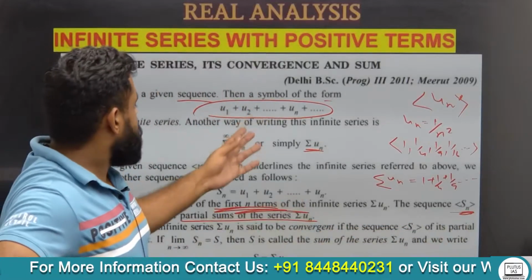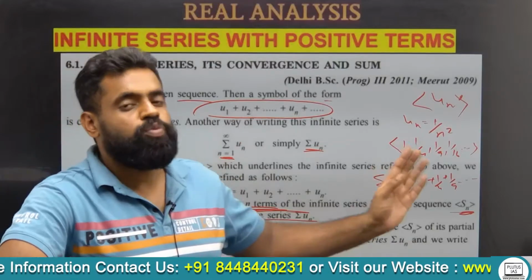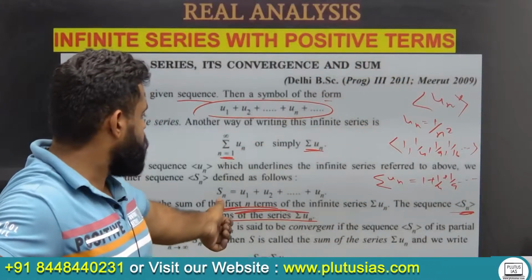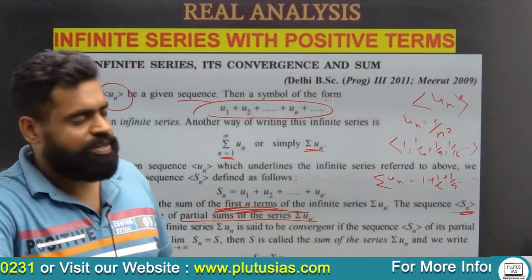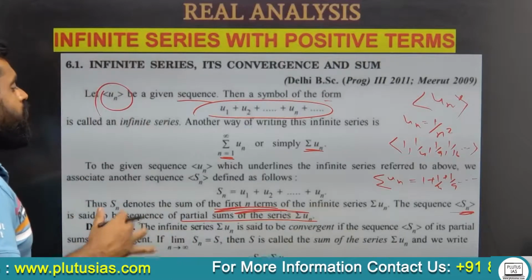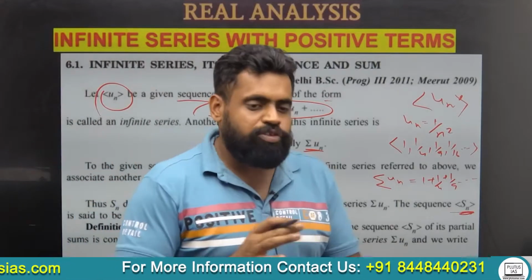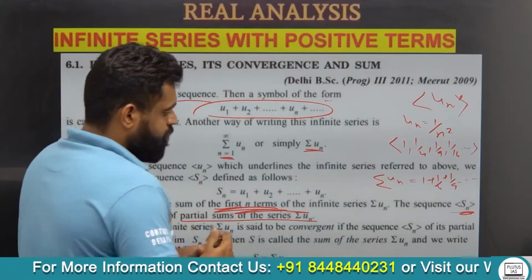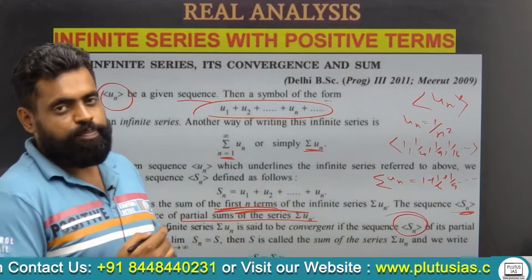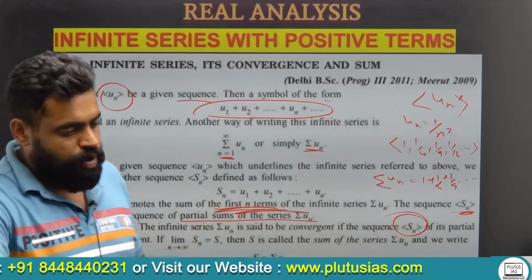Okay, since summation un is u1, u2, u3 dot dot dot to infinity, but in the case of Sn, which is the partial sum, we take till un. Okay, and when we say that a series is convergent, we actually want to say that this sequence is convergent. That is, Sn, the partial sum, will form a sequence.